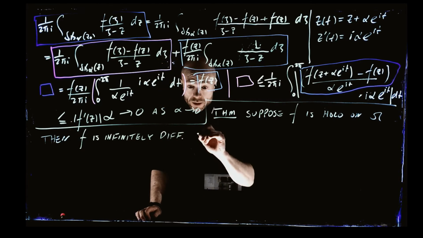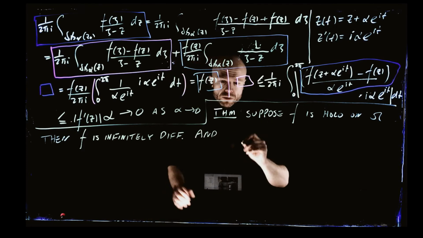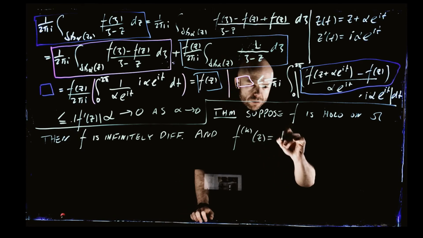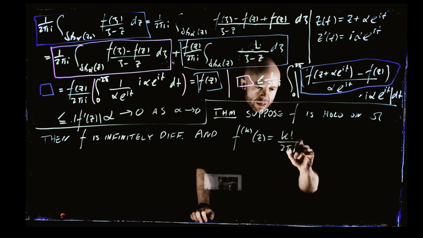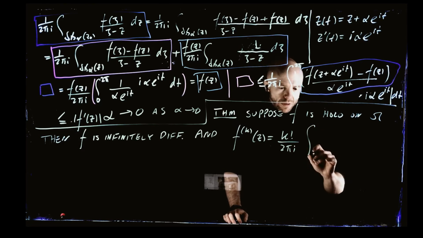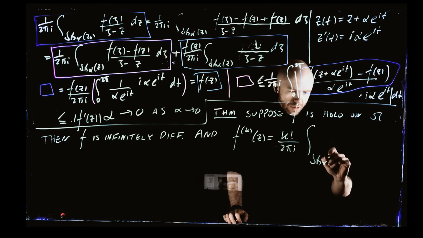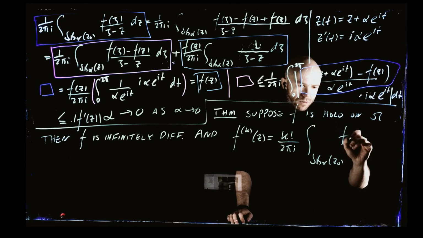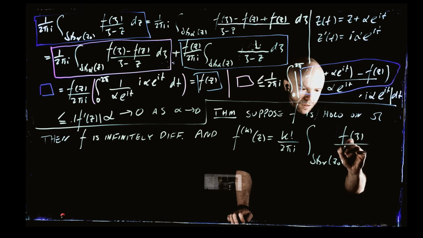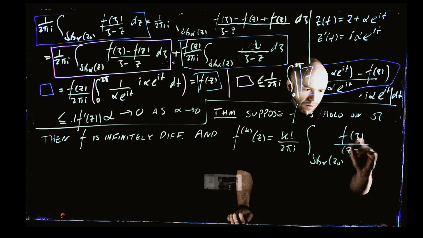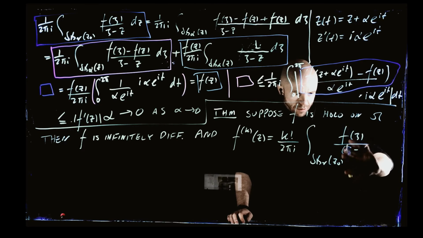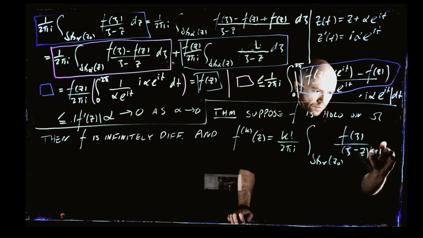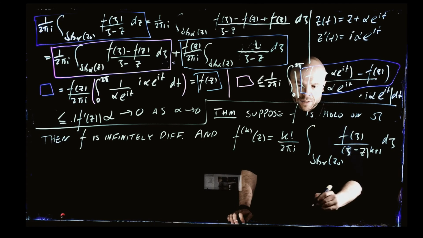Yeah? And we actually have a formula for the derivative. We have that the kth order derivative at z is equal to k factorial over 2 pi i, the integral over the boundary of the ball around z0 of f of zeta over (zeta minus z) to the k plus 1, d zeta, like this.